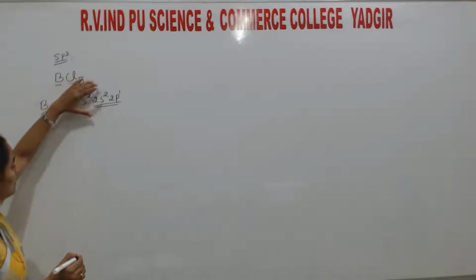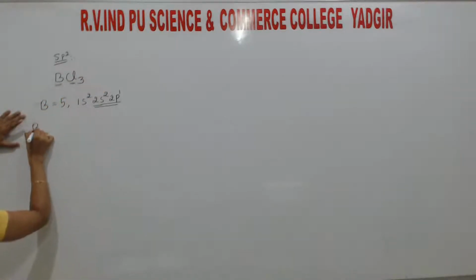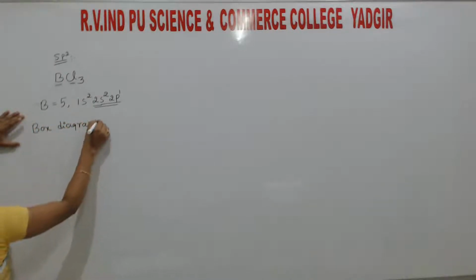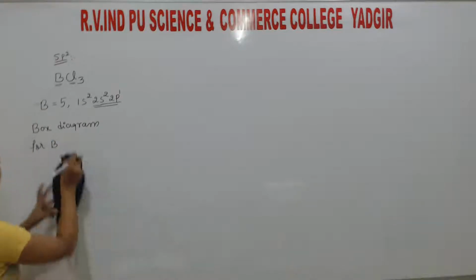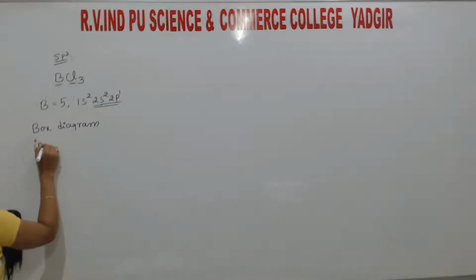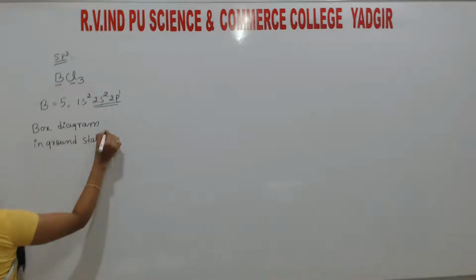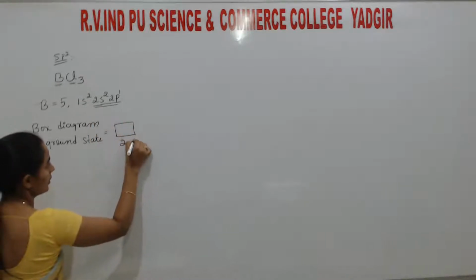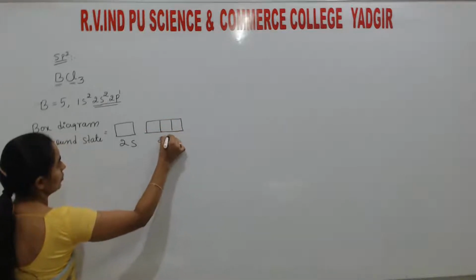After writing this electronic configuration, write the box diagram in the ground state. As I told you, we are considering the valence shell electrons, 2s and 2p.